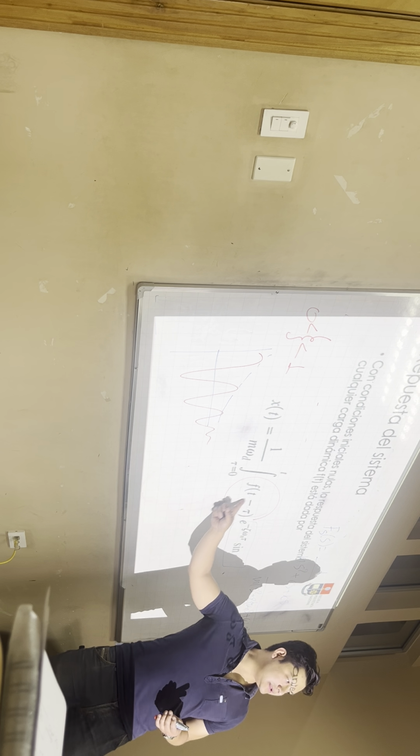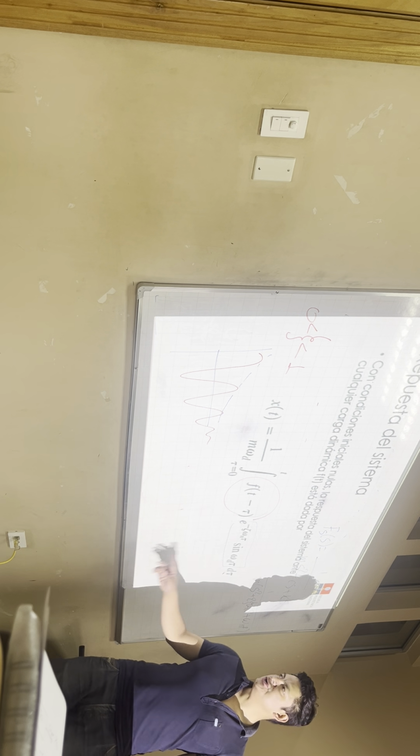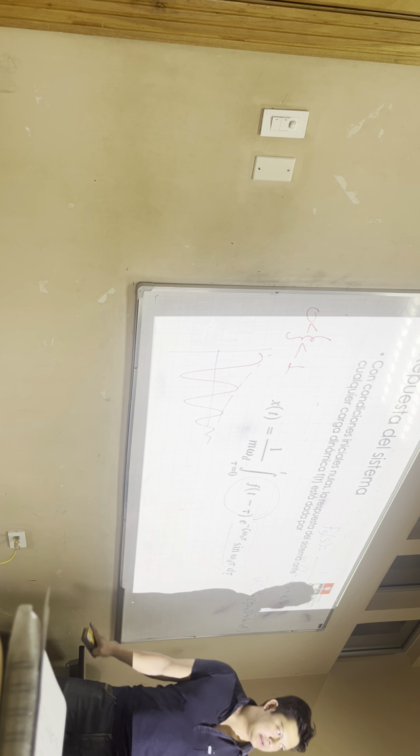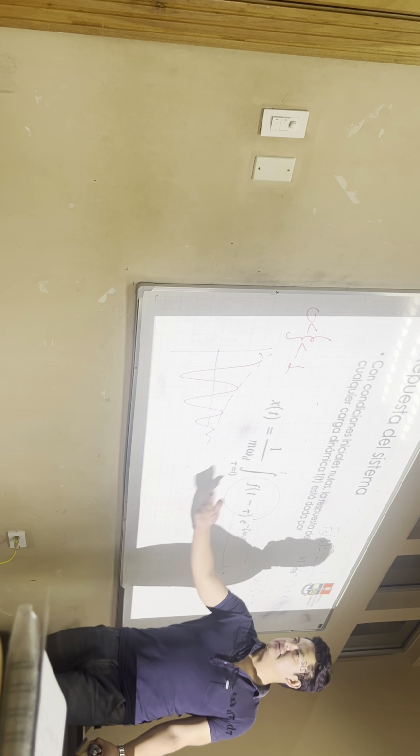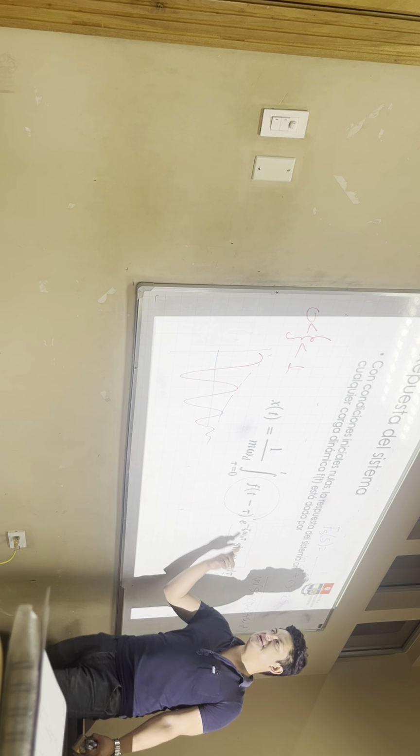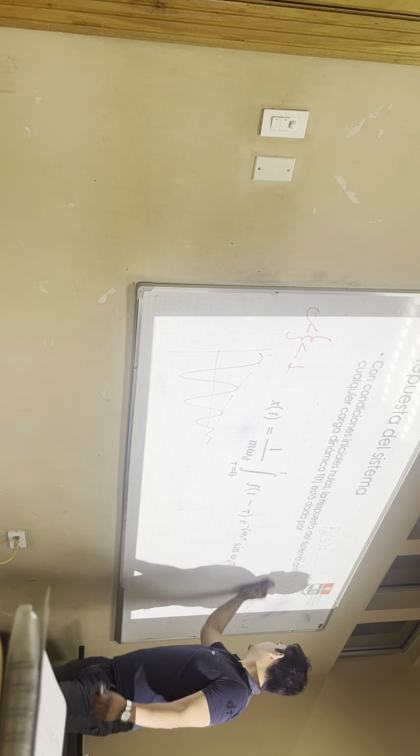And here is the input, which we don't know. So convolution says the response in time is going to be related to the free vibration response of the system. And that's the great thing. Because there should be a particular function here that tells us that the output is going to be the same as the free vibration response. But we are going to analyze this later.